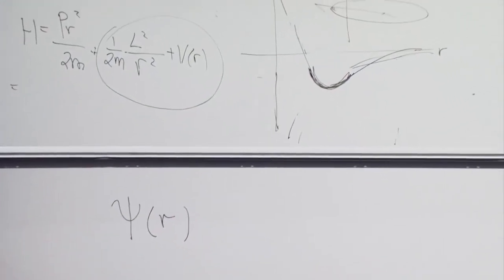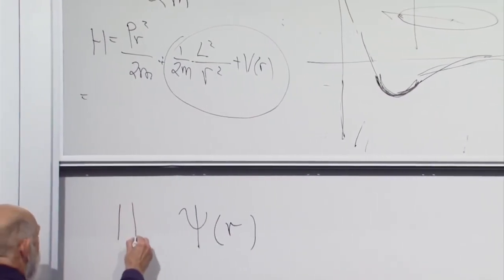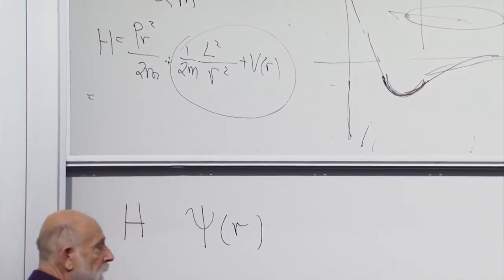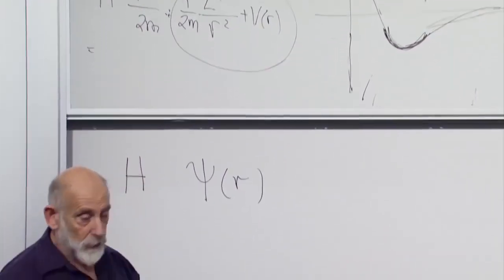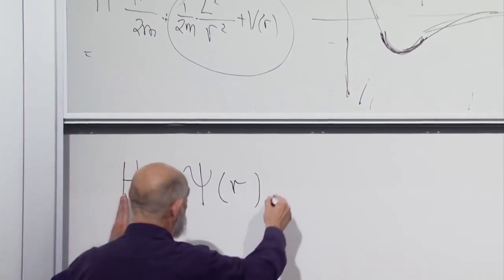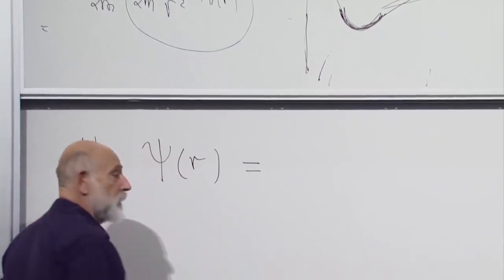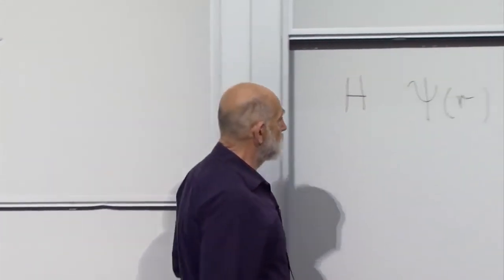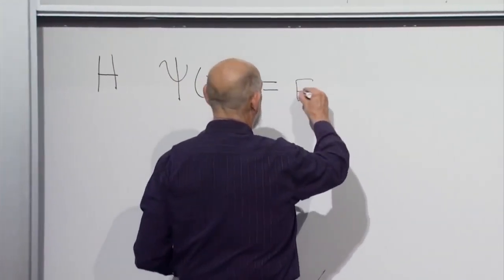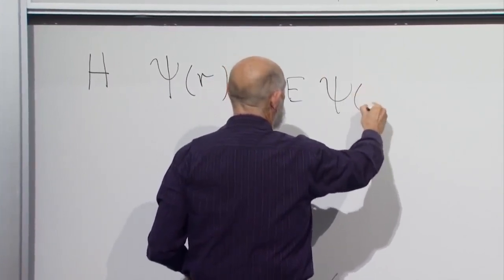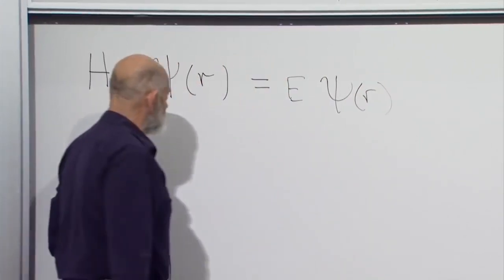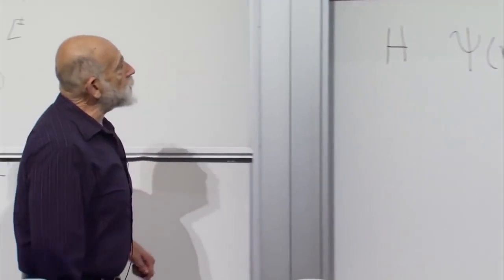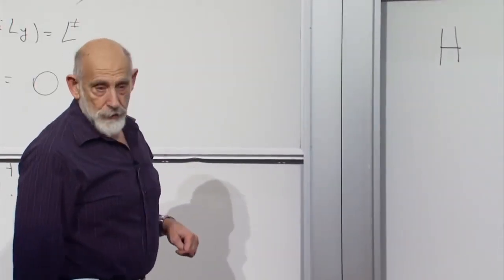It satisfies the Schrodinger equation, H on psi of r, let's say the time-independent Schrodinger equation. What do you put on the right-hand side? The energy. And it determines the eigenvalues and the eigenvectors of energy. Now what is H? H begins with p_r squared.